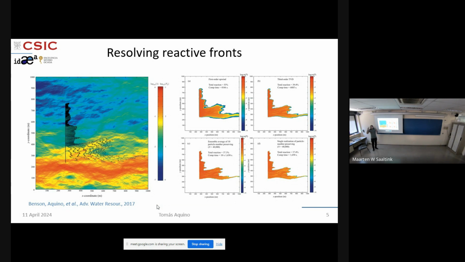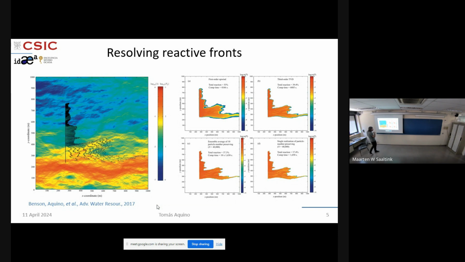So you get this fake diffusion that just comes from your numerical method and makes it in particular really hard to resolve reaction fronts where the reactive action is happening. So this can lead to significant overestimations of reaction rates. It is true, though, it should be recognized that there are other Eulerian methods that deal with these problems in different ways. They tend to be quite expensive, but they do work.